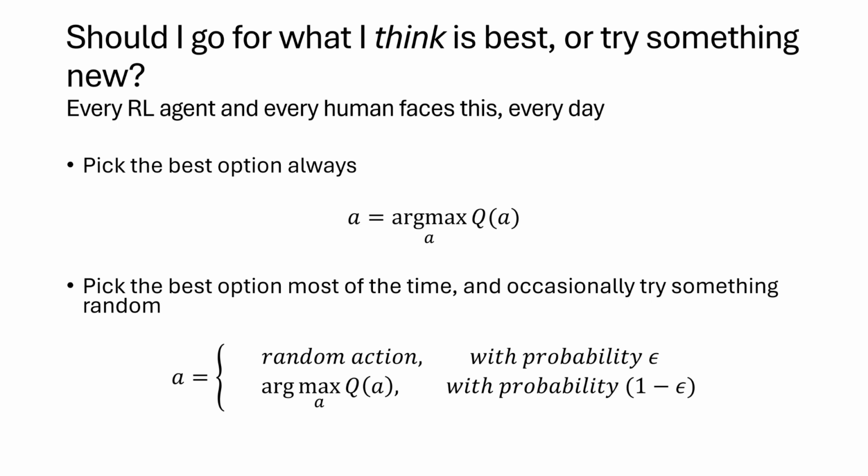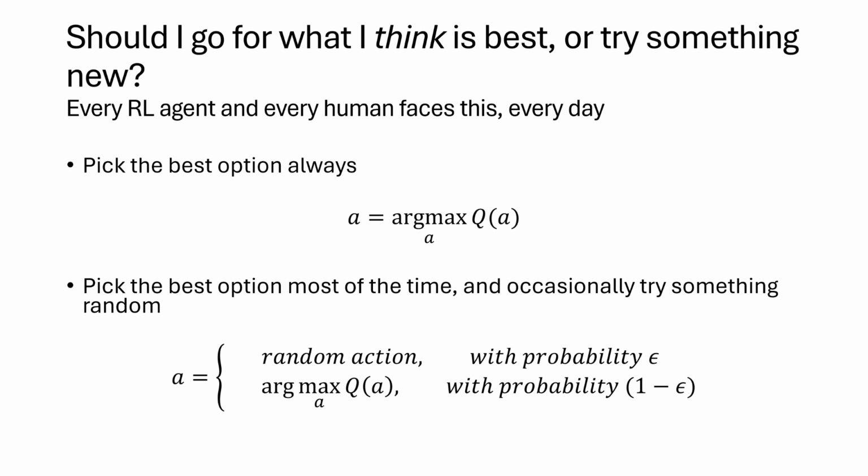Now we have action values, but how do we pick an action based on the action values and balance exploration and exploitation? Should I go for what I think is best or try something new? Every RL agent and every human faces this dilemma. There are two simple approaches.